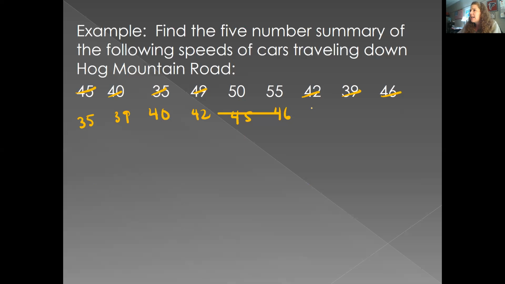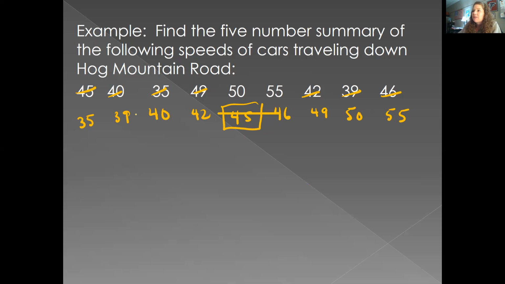I see a 49, 50, and 55. All right, so I have 1, 2, 3, 4, 5, 6, 7, 8, 9 numbers, which means, since it's odd, I have one middle number. So I have 1, 2, 3, 4, and 1, 2, 3, 4. So my median is 45.